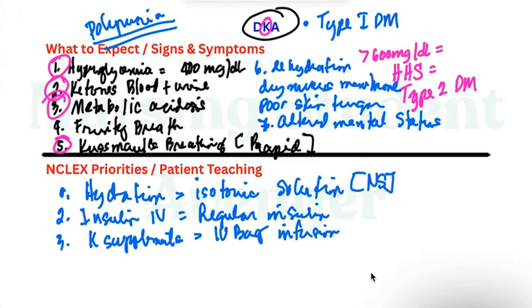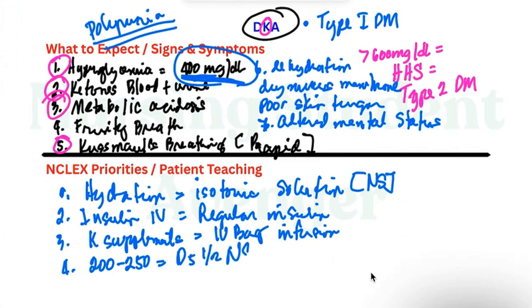And then the last step is, remember the blood sugar started at around 400, right? Now, if the blood sugar normalizes, because we already gave fluid and we already gave insulin, and the blood sugar is around 200 to 250, that's the time we add D5 half-NS as our IV fluid.